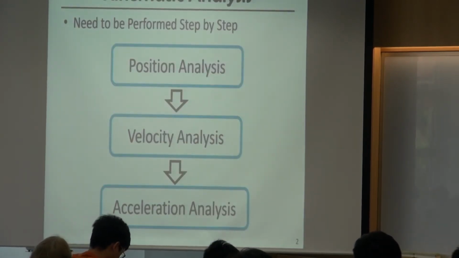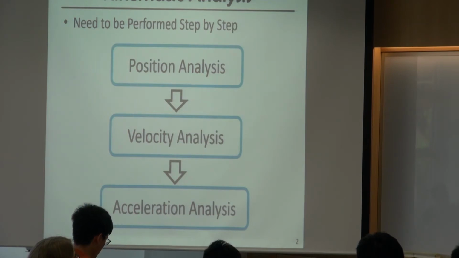In this course on mechanisms, we are going to perform kinematic analysis. What does kinematic mean? Kinematic means the analysis that's related to motion. The motion includes position, velocity, and acceleration.